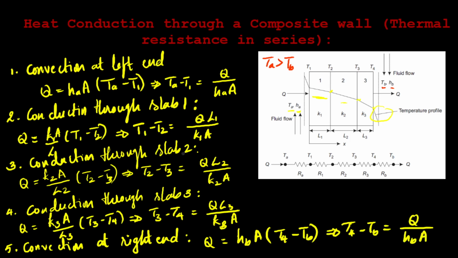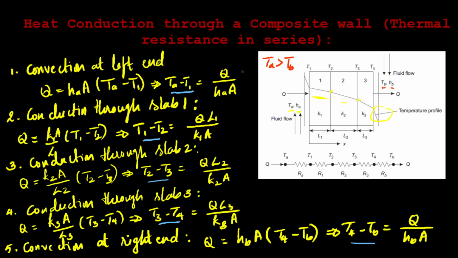So now we have TA minus T1 as Q by HA into A, T1 minus T2 as Q into L1 divided by K1 into A, T2 minus T3 as Q L2 divided by K2 into A, T3 minus T4 as Q L3 divided by K3 into A, and T4 minus TB as Q divided by HB into A. Now what I'll do is add all these equations.